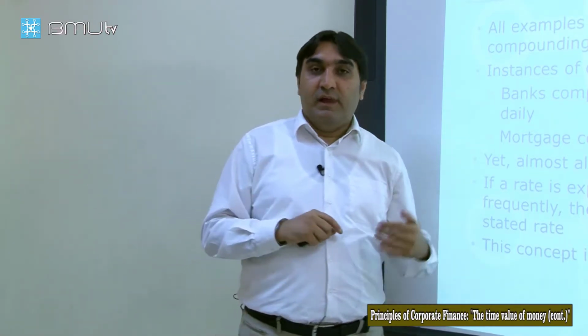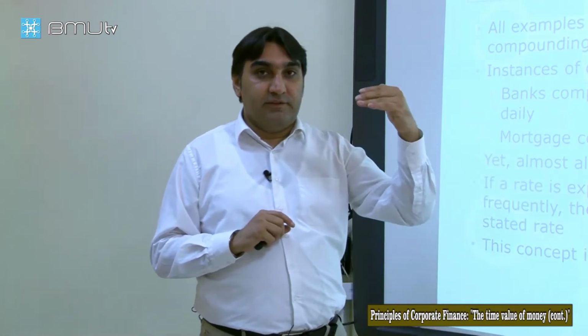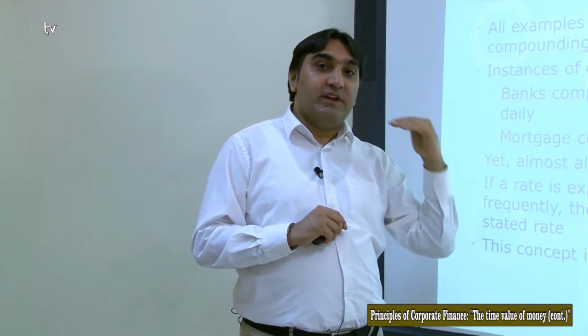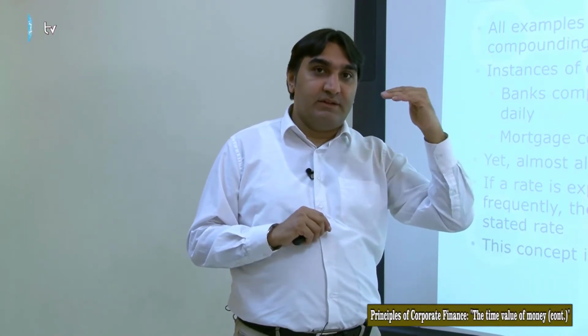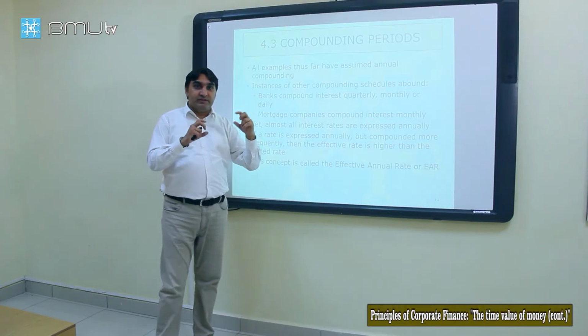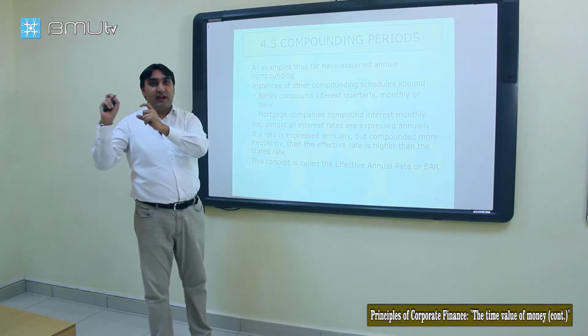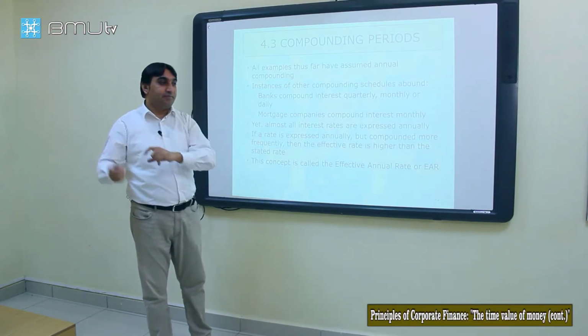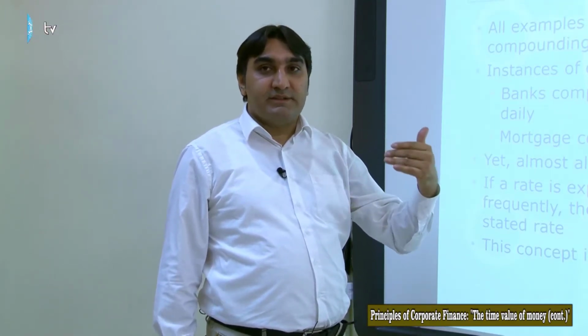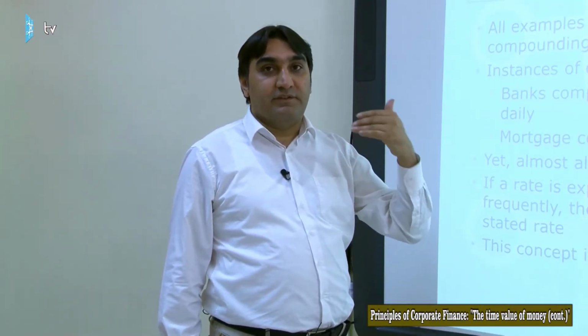In other words, if the compounding is more frequent than annual, monthly or daily or weekly, we convert this rate into an annual rate and call it the effective annual rate. Effective annual rate is annualizing rates that are quoted other than annually.